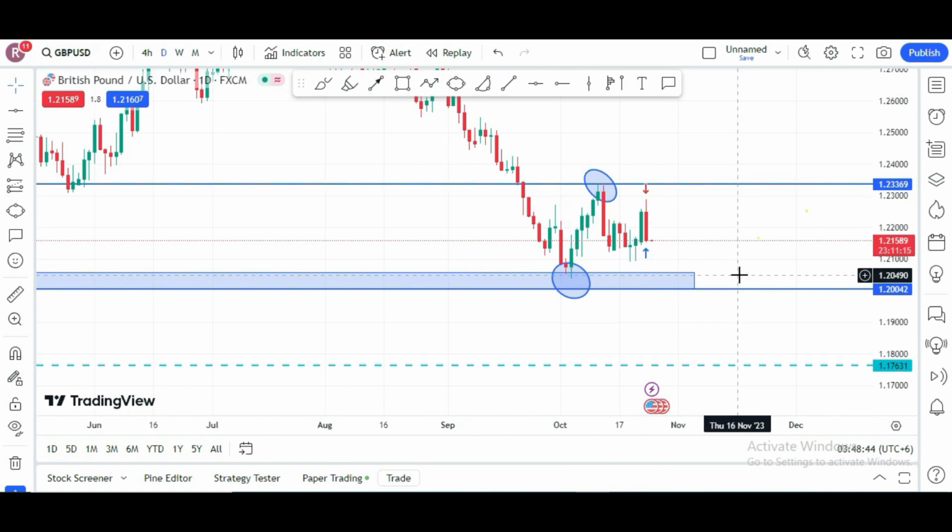Now the question is, after creating this double bottom, so this is, we can say, pattern 2.